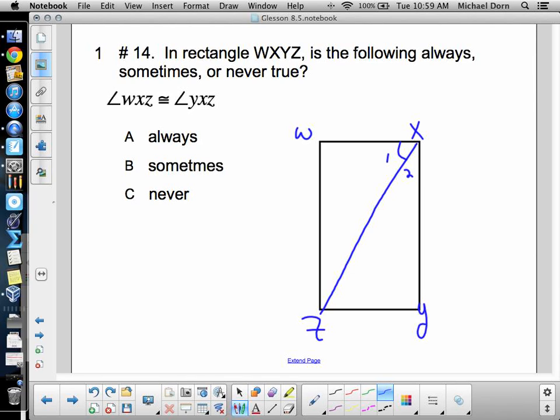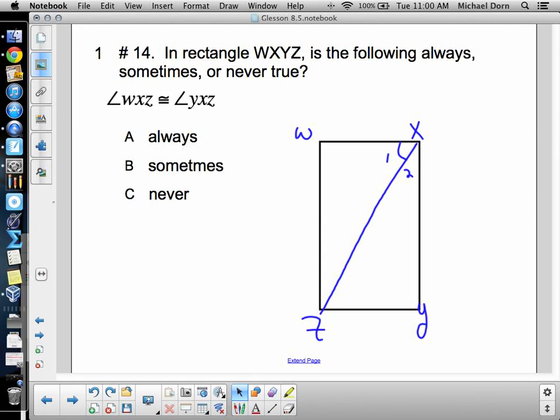Ooh, I've heard all three answers. Let's think about it. Right now, with this rectangle drawn as it is, are they going to be congruent? No, because the diagonals do not bisect angles in rectangles. They do in rhombuses, not in rectangles. So it's not always, is it? Is it never?